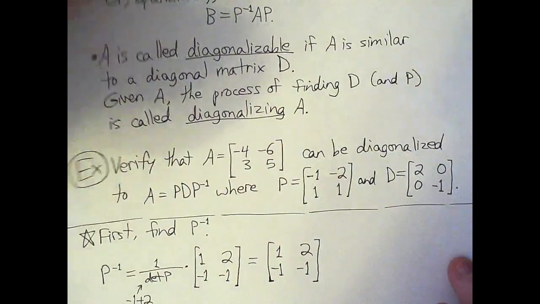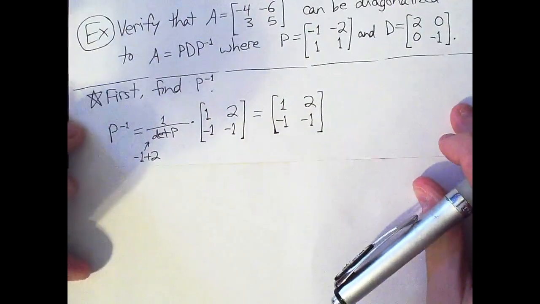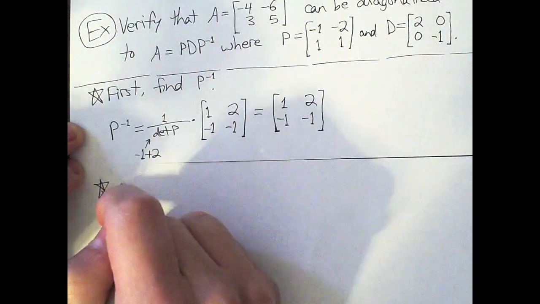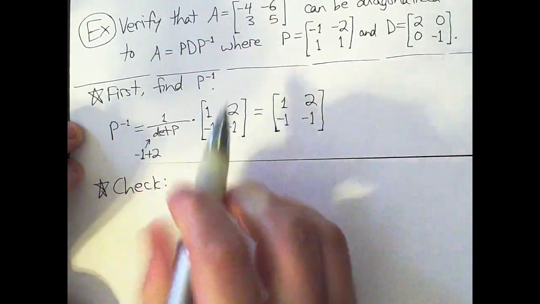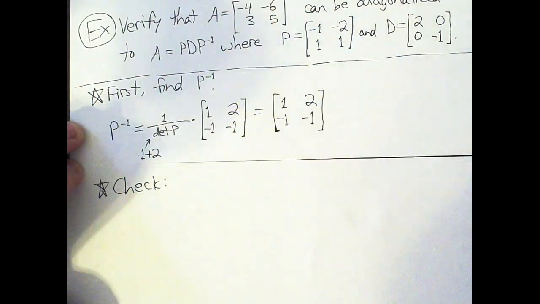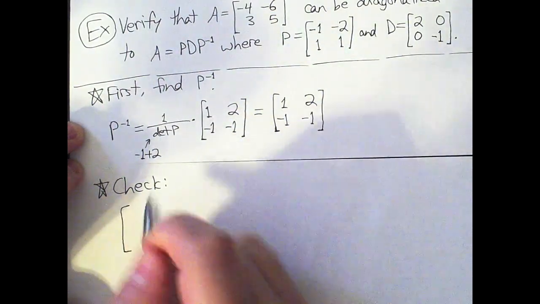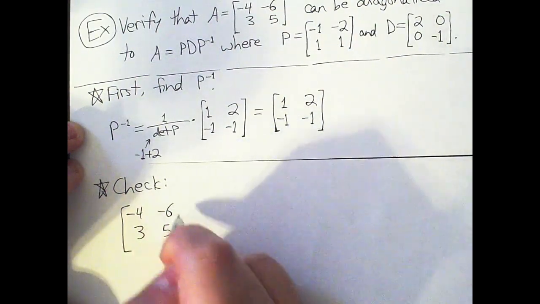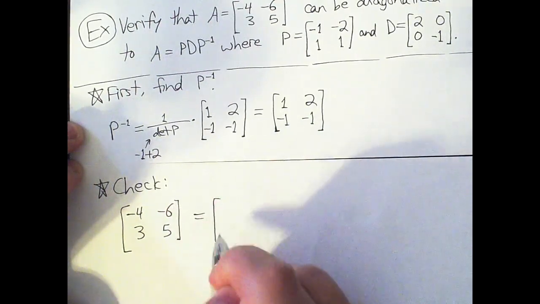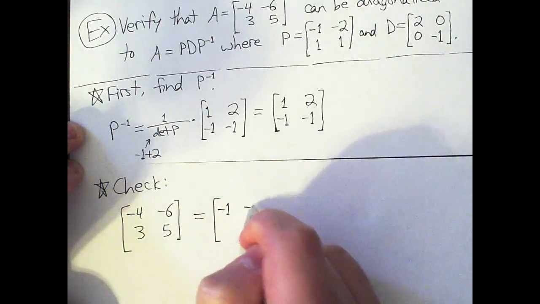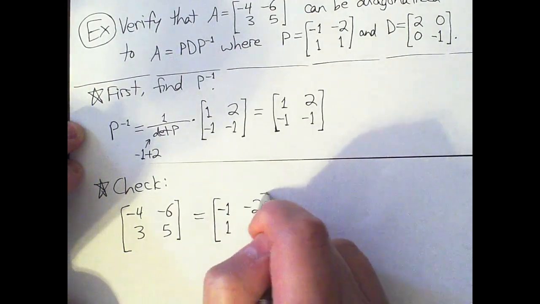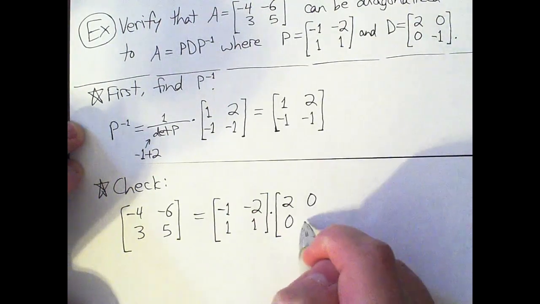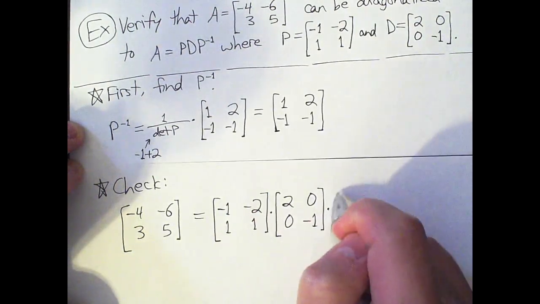Now we can actually check that that equation is true. We're going to check this thing here, A equals P D P inverse. So here's A. Does it equal, I'm going to write all of them out, this times this times this?